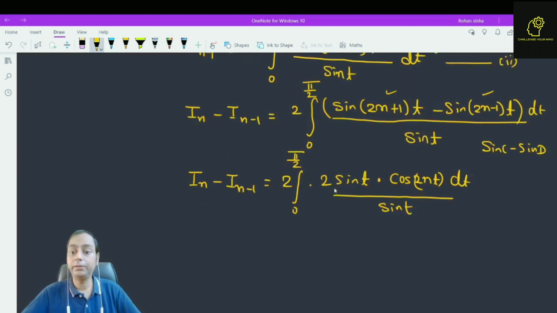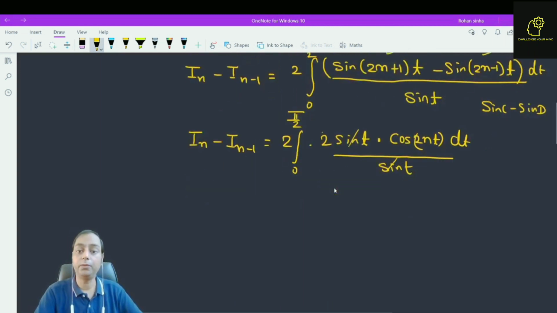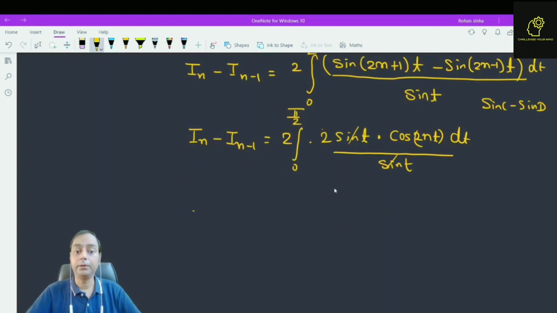Now this sin t and sin t get cancelled out. Take this 2 outside the integral sign. We find I_n minus I_(n-1) is equal to 4 times the integral from 0 to pi/2 of cos 2nt dt.